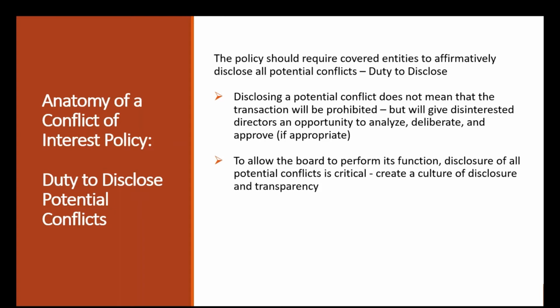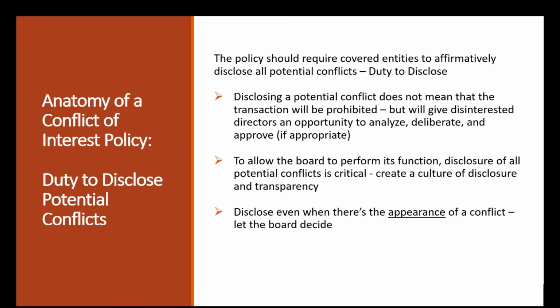To allow the board to perform this critical function, we have to disclose all potential conflicts. So it's important to create a culture of disclosure and transparency at your organization. You should disclose even when there's the appearance of a conflict, and then you let the board decide if the conflict, A, really exists, and B, if it's of the nature that makes the transaction impermissible.